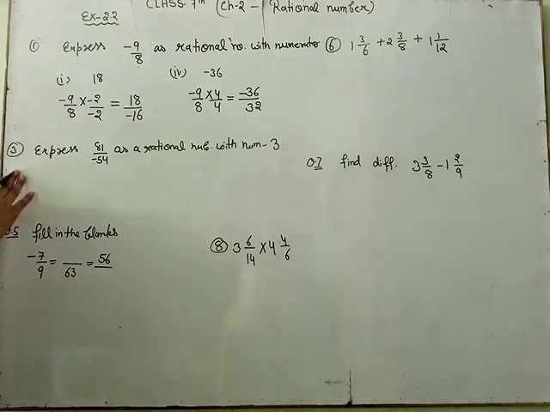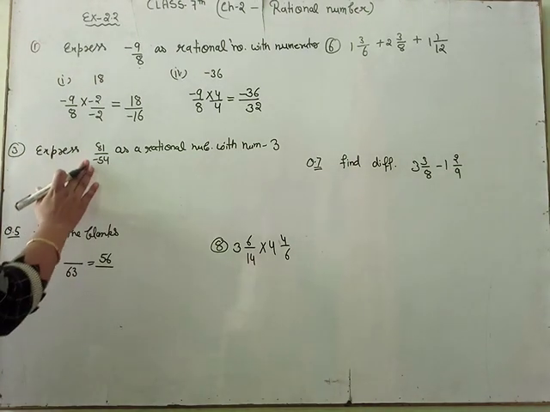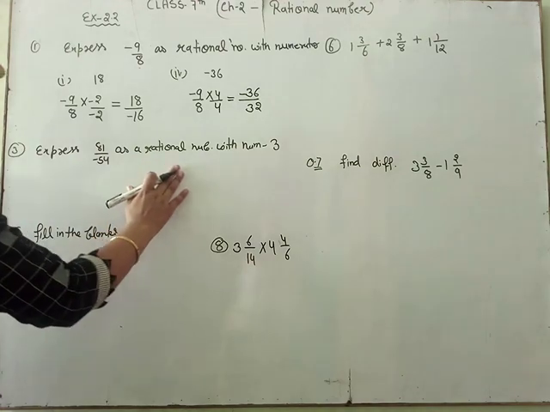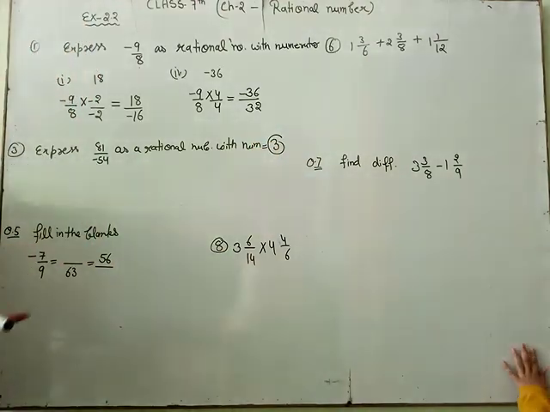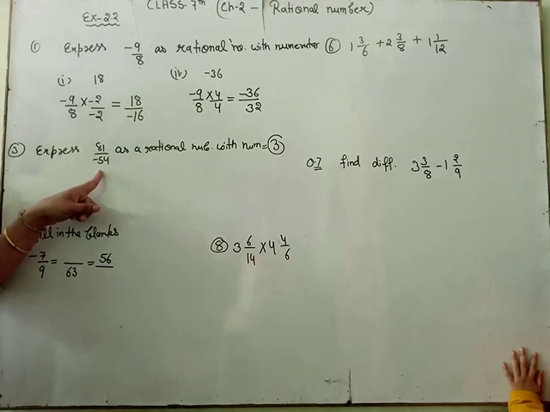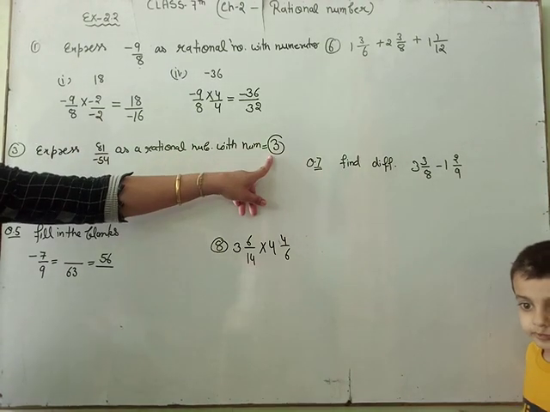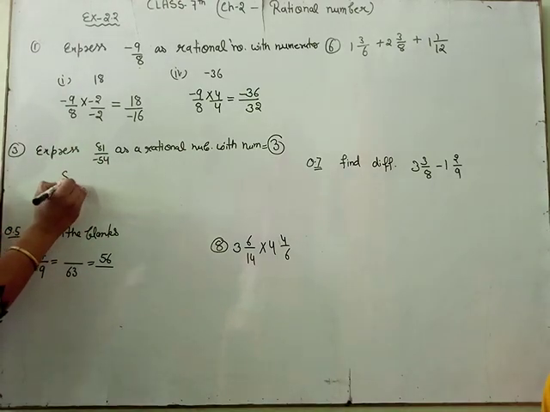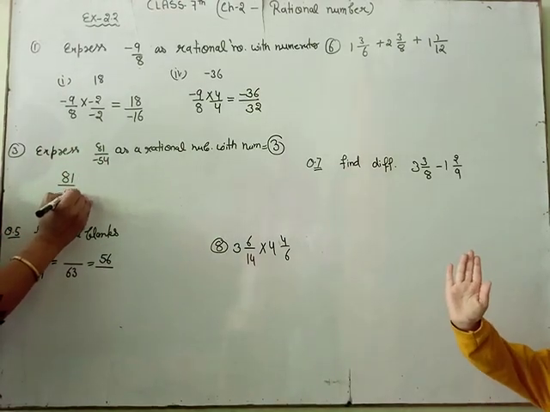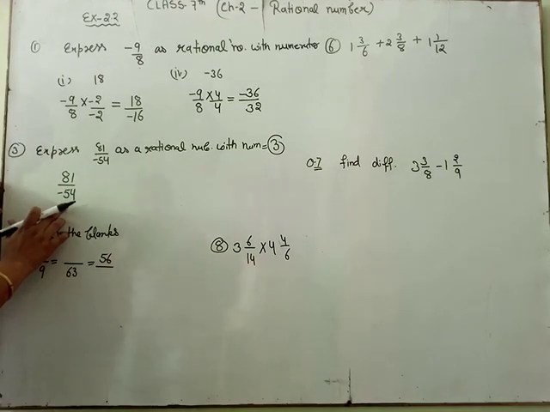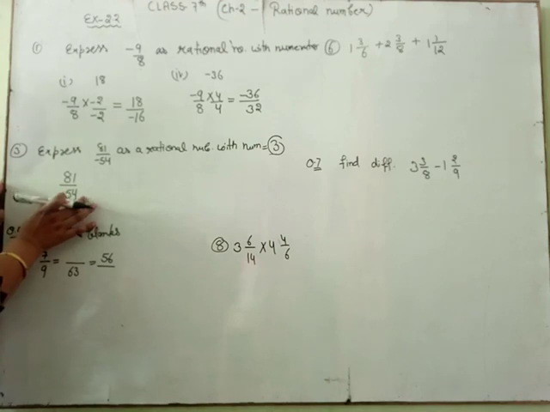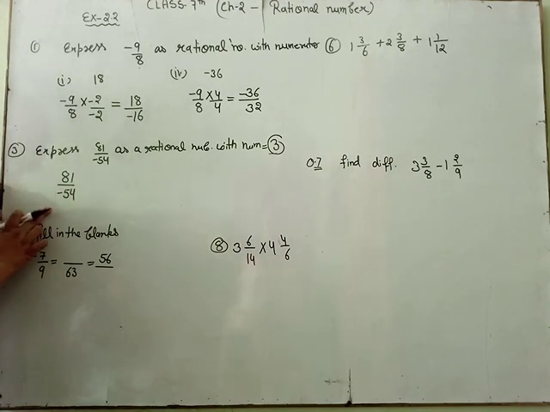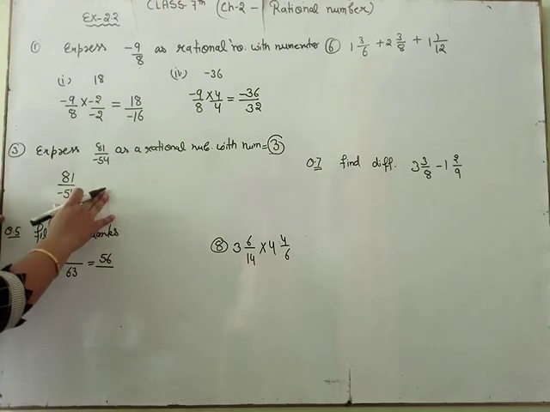Question number three: express 81 by minus 54 as a rational number with numerator 3. This is the given rational number, and we express it with numerator 3. Students, if we divide numerator and denominator by 27, then the numerator is 3.